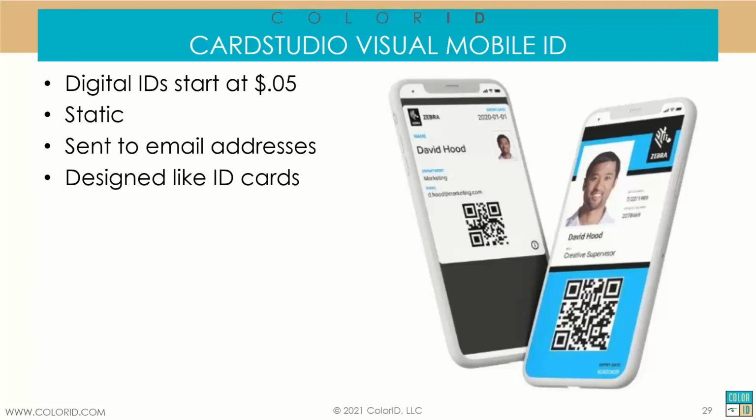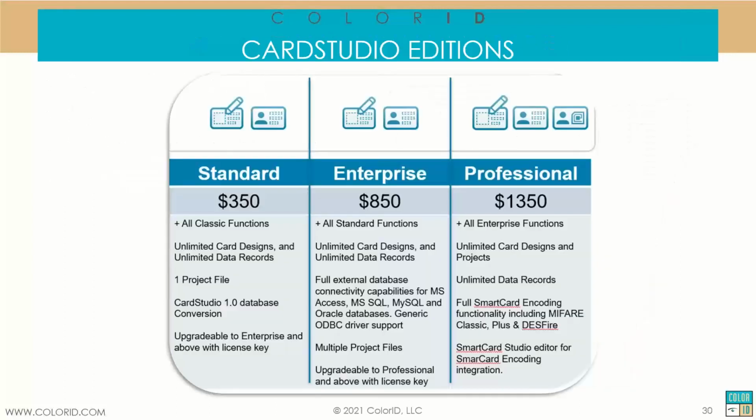So you get cards on your phone. It's static. There's nothing too fancy here, but it does have a QR code. So it's something to work with if you're looking for a way to easily and inexpensively identify people with a very simple ID card look on their phone with a barcode. Maybe CardStudio is the thing that you would like.